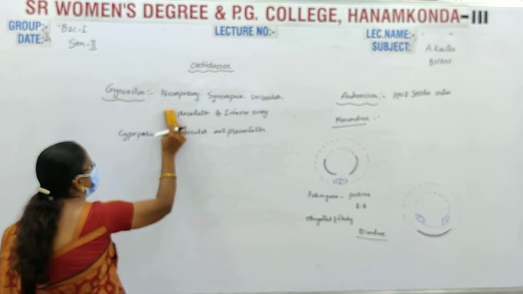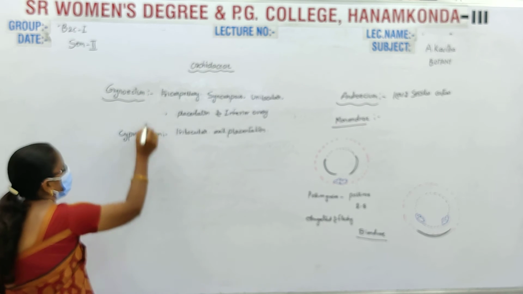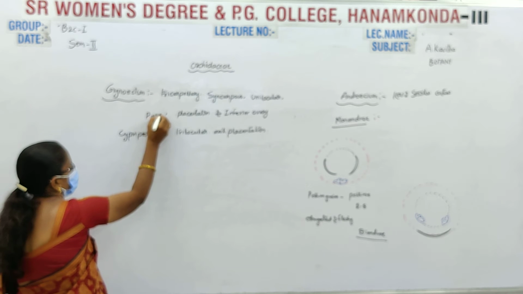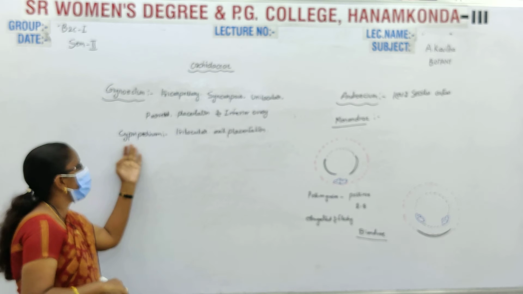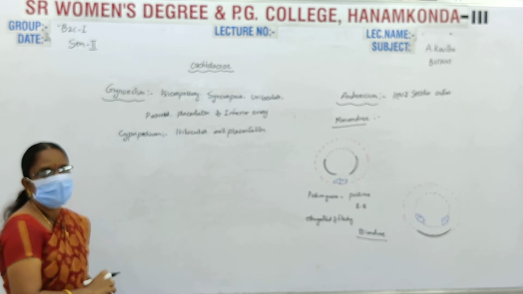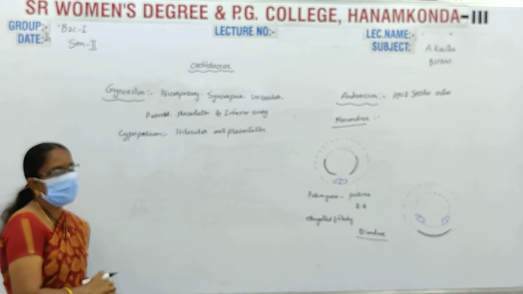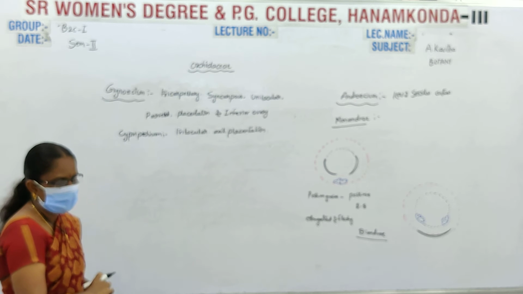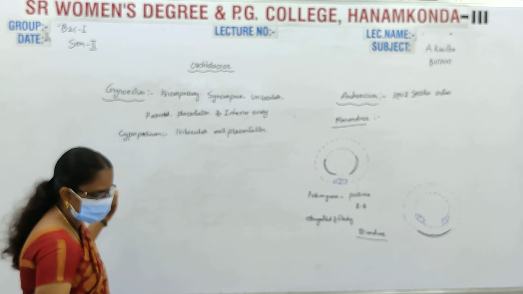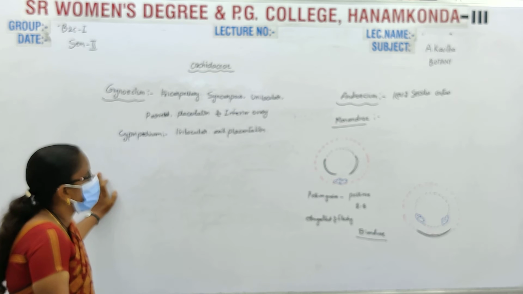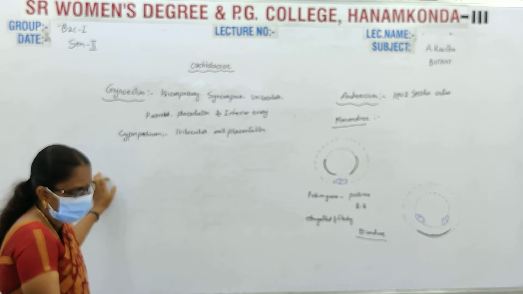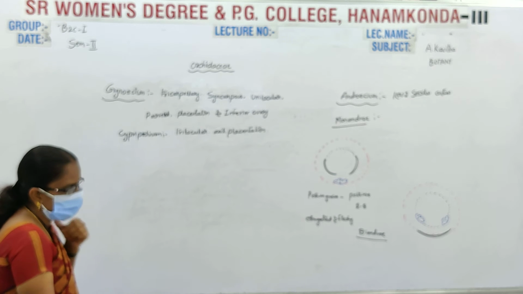In normal plants, the placentation is parietal placentation. And the gynoecium consists of an inferior ovary.